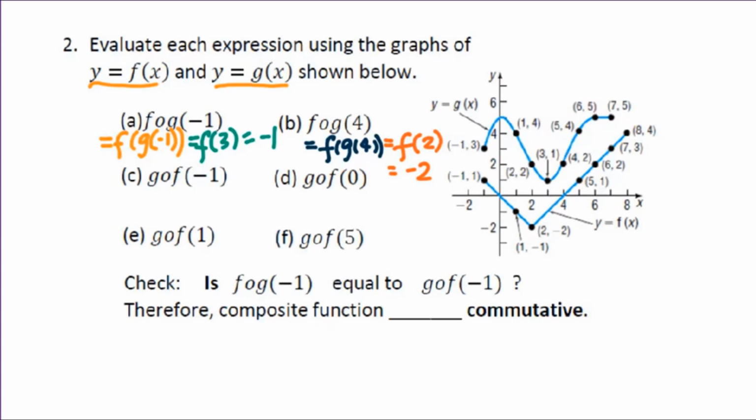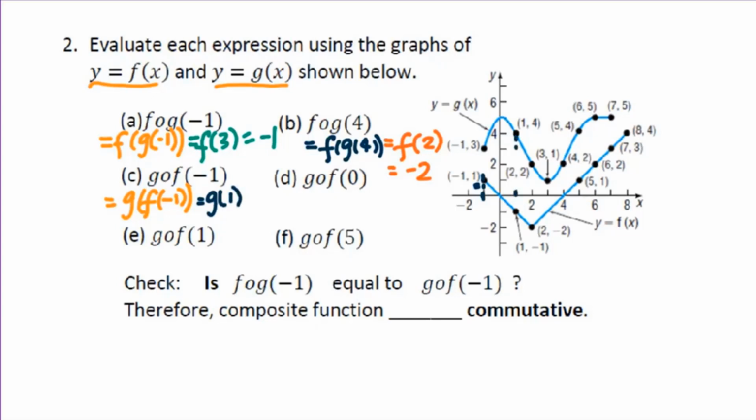Now let's go to C. We have g of f of -1. f of -1 is here. Then draw the vertical line to pass through the f function. That is 1. So we got g of 1. Find g of 1, it's here.